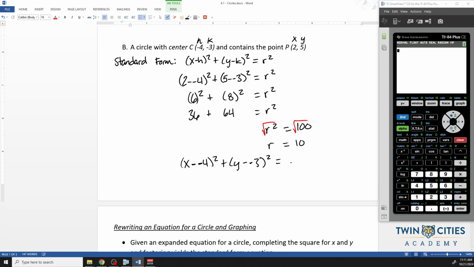This is going to be equal to 10 squared. Last step, let's just clean this up a bit. (x plus 4) squared plus (y plus 3) squared is equal to 10 squared, which is 100.